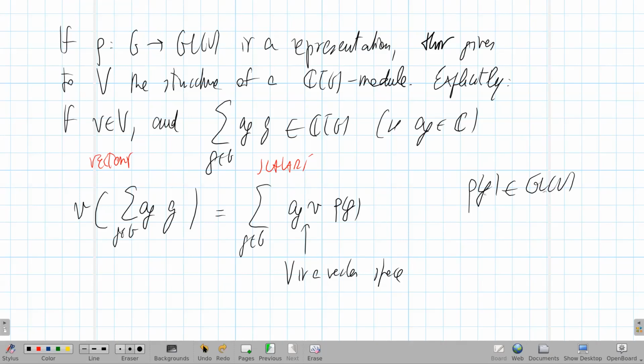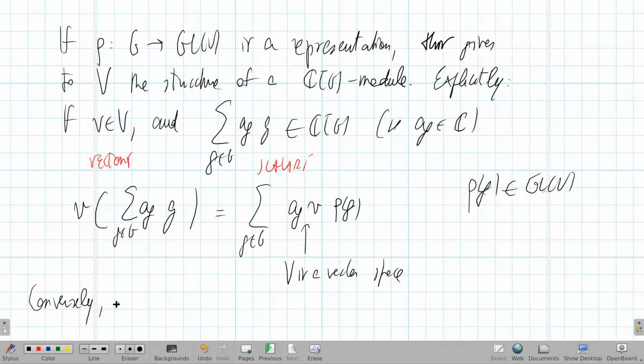So this is a very convenient way of seeing it. There is a dual approach. You may have a representation, and you may have a CG module structure over the vector space, and it's the same. The converse also holds; I'll put this as an exercise.